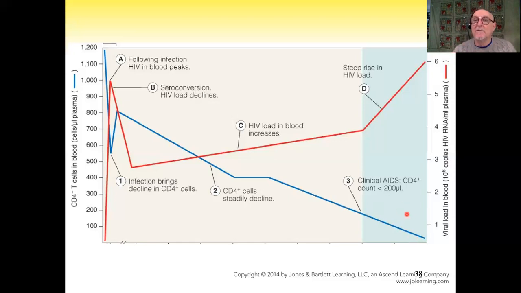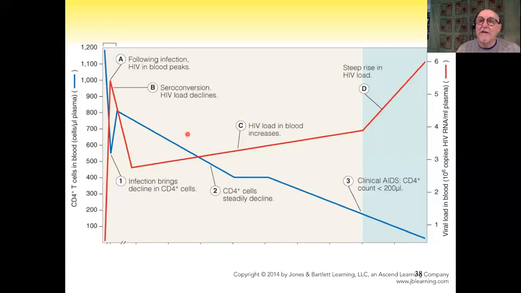If we were to follow the antibody level against HIV, however, we would find that this person had high anti-HIV antibodies all the way up until about here, when the immune system itself begins to crash and they lose the ability to produce any antibodies anyway. This is because this virus is incredibly mutable.